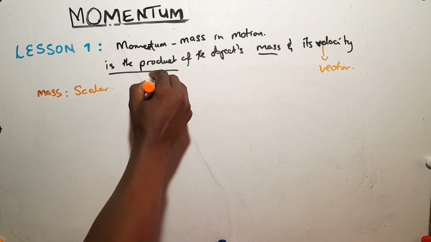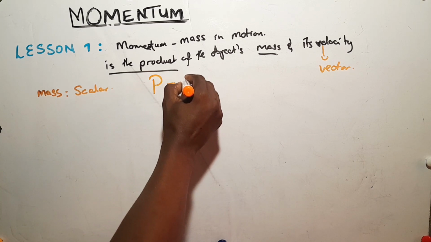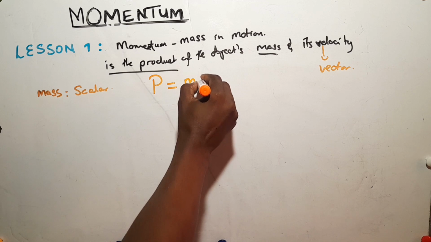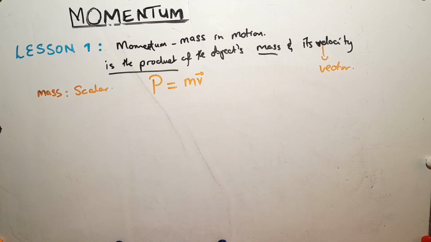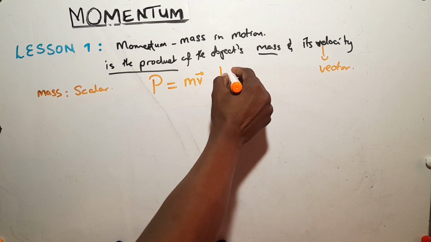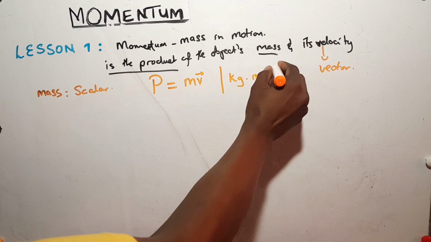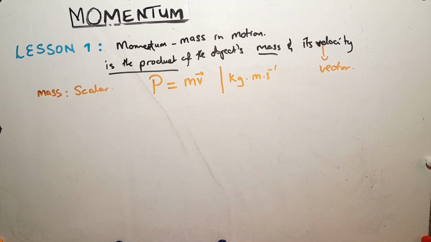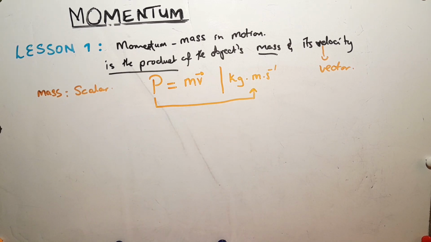Momentum is represented by the letter P, which equals the mass of the object multiplied by the velocity, which is a vector. Since mass is measured in kg and velocity in meters per second, the SI unit for momentum becomes kg m/s.